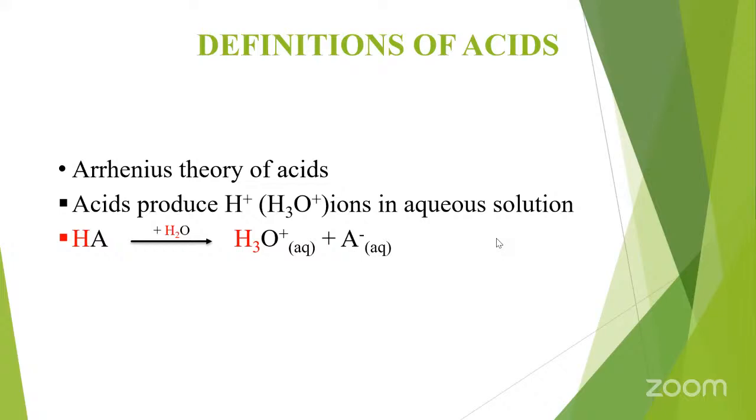That definition was postulated by Arrhenius. So we call it the Arrhenius theory of acids. That is, acids produce hydrogen ions or hydronium ions in aqueous solution.